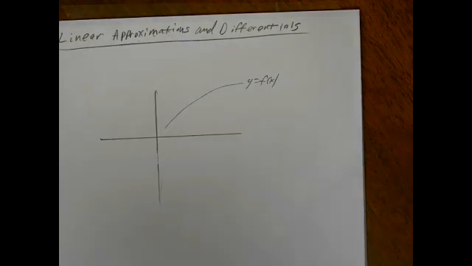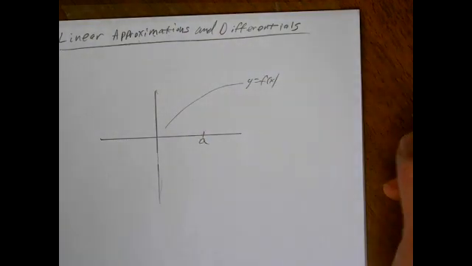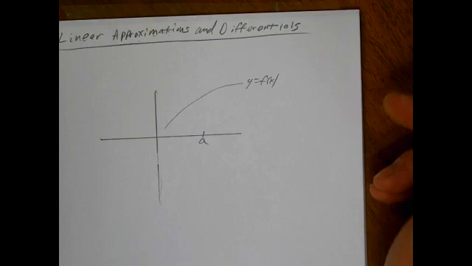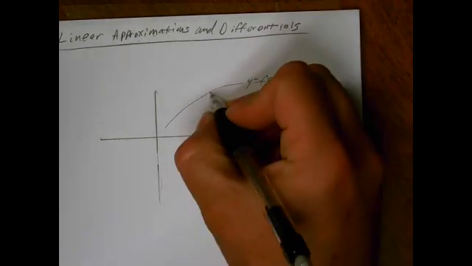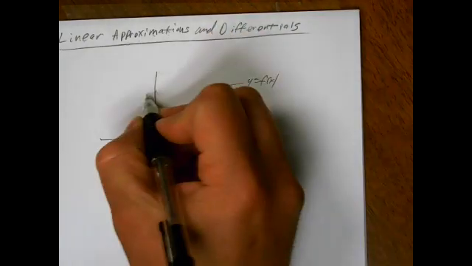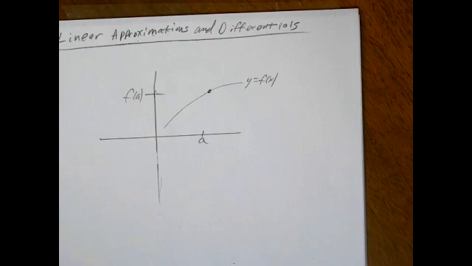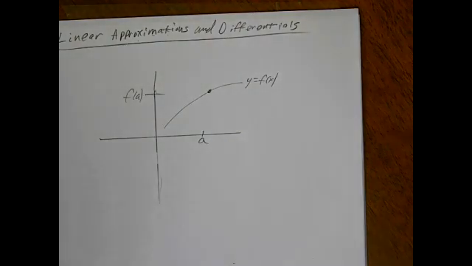Now, let's pick a number. We'll call it a. And ideally, this number is a value for which it is easy to evaluate this function. So this point would correspond to f of a, and again, we're going to assume for the sake of argument that that is an easily evaluatable value.